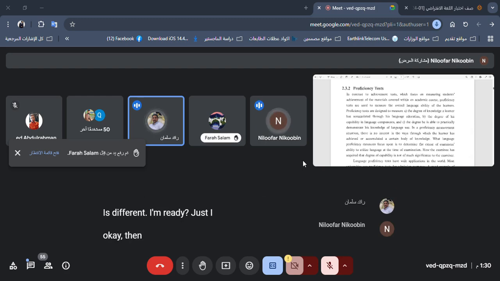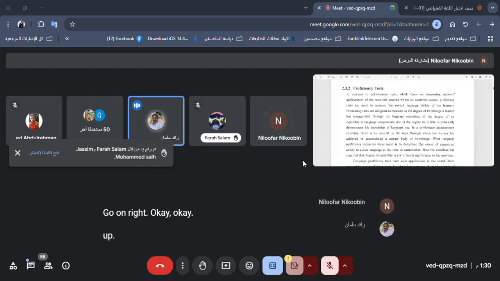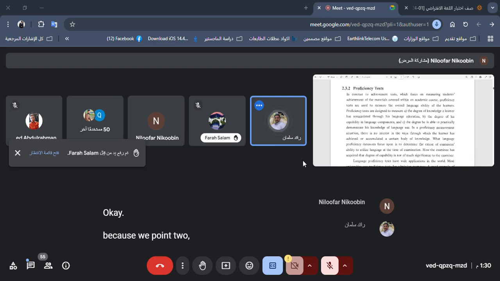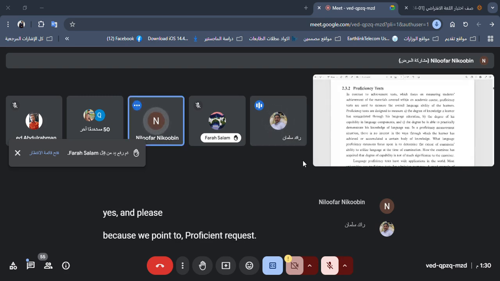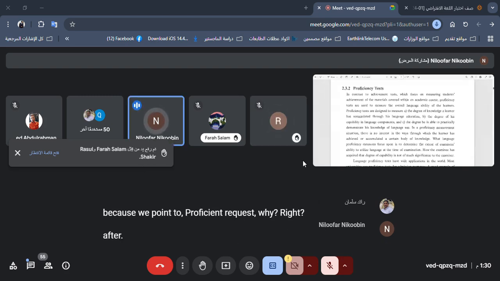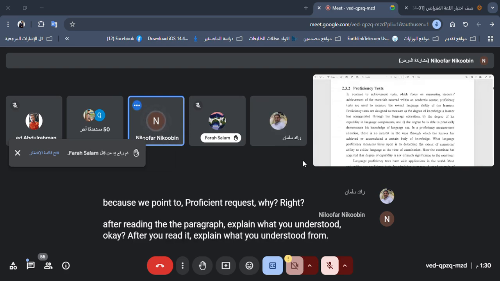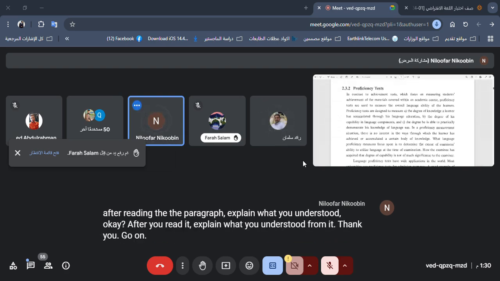Just a minute, open the PDF in my lab. After reading the paragraph, explain what you understood from it.